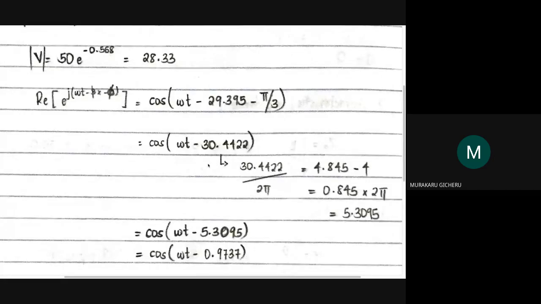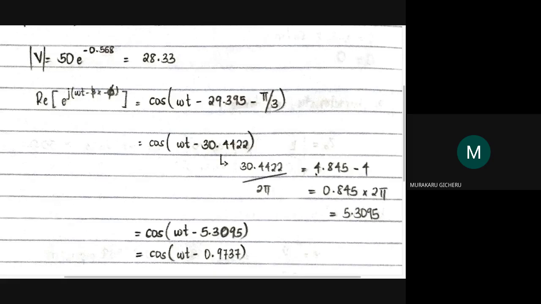So this clearly is more than one revolution. If you want to find how many, divide it by the radians that make up one full revolution. So you find that these 30 point whatever give you 4.845 revolutions.